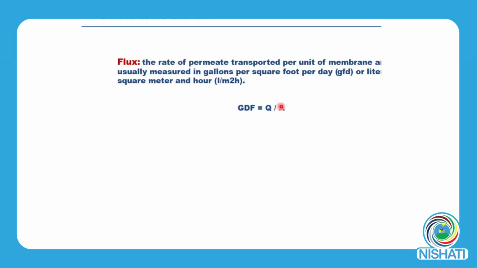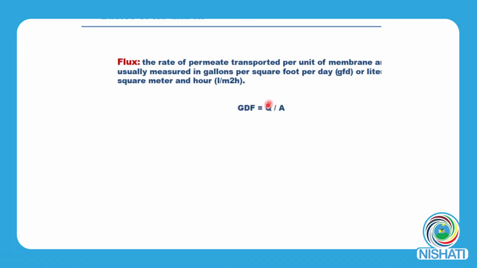Okay, so let's talk something about the flux. The flux is the rate of the permeate that is transported per unit of membrane area. Is this equation? This is a parameter that is very used in the design of a desalination system. GFD, gallons per square foot per day, okay?